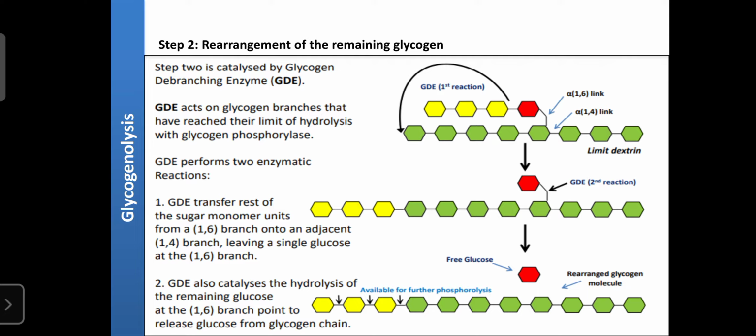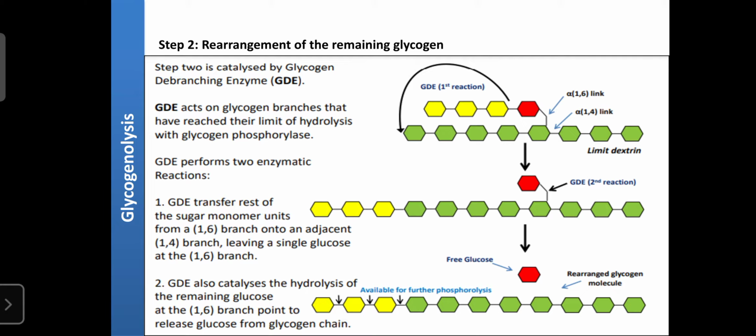So this enzyme rearranges the glycogen molecule after the first step, after phosphorolysis. One glucose molecule from the 1,6 glycosidic bond or residue is transported to the 1,4 branch. Like that, another molecule is ready to be released or to undergo the first step of glycogenolysis.